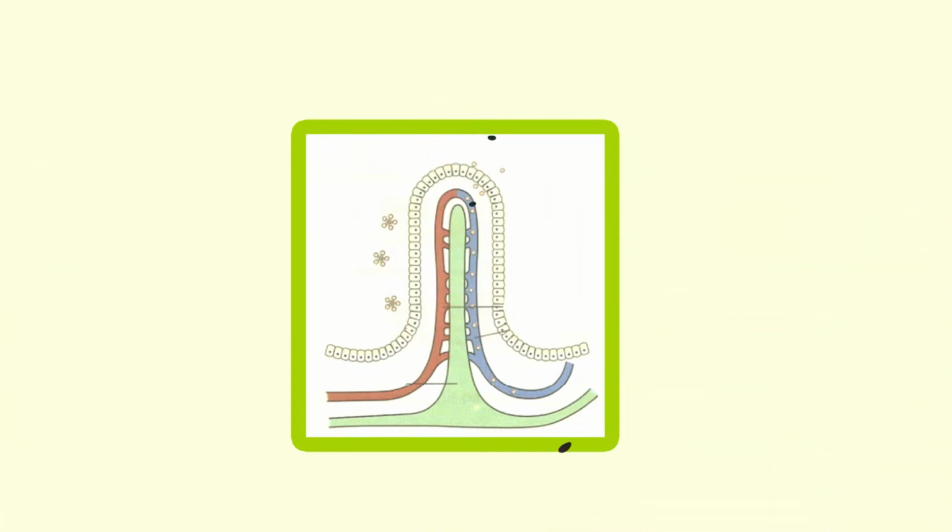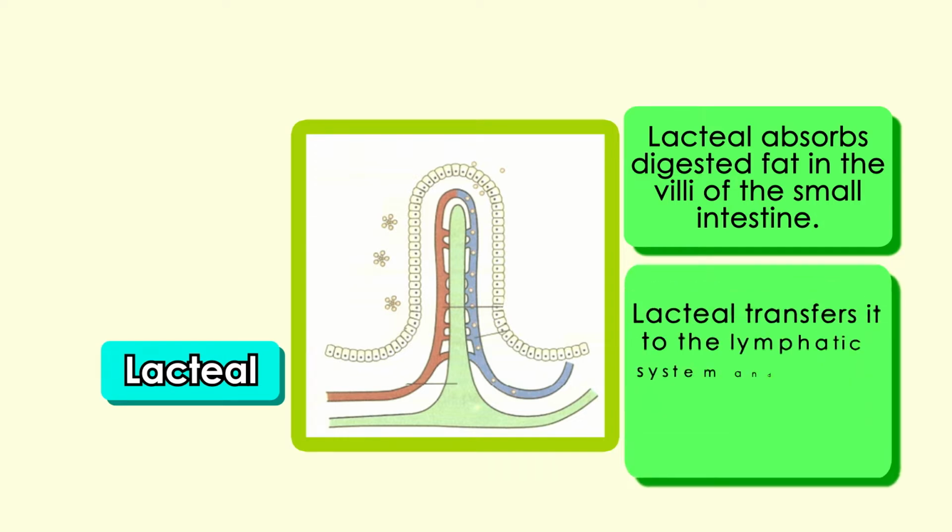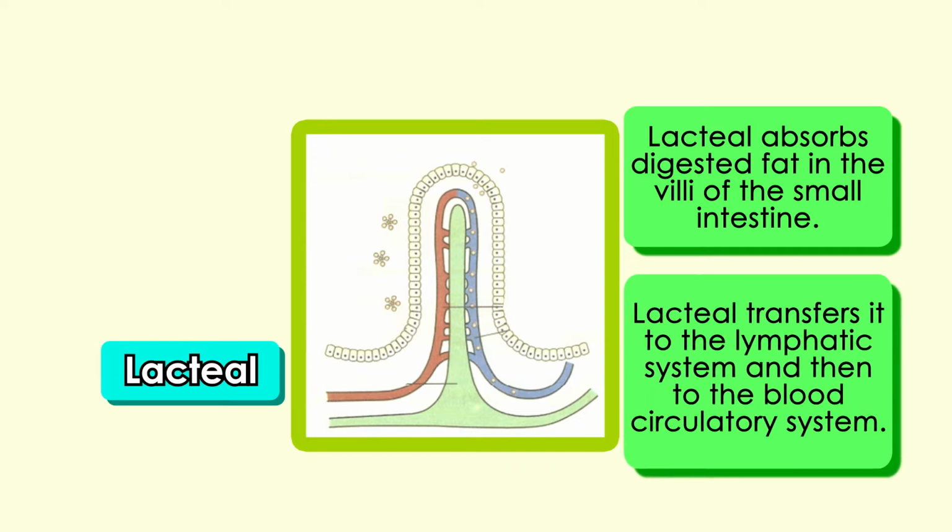These tiny molecules are then taken to every part of the body. This structure is called lacteal. Lacteal absorbs digested fat in the villi of the small intestine. The lacteal transfers it into the lymphatic system and then to the blood circulatory system.